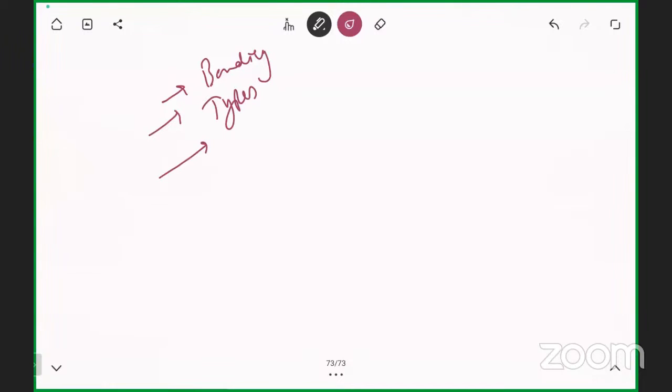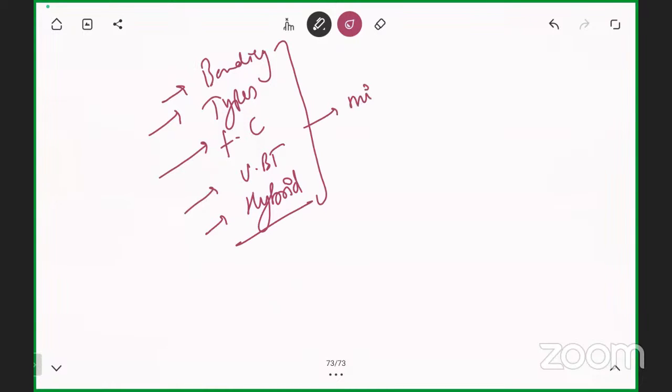Third thing is formal charge. Fourth thing you have to remember is VBT, then hybridization, along with their minor topics also. Just revise it from your book. You'll have your test, and I'll give you some questions. Okay.